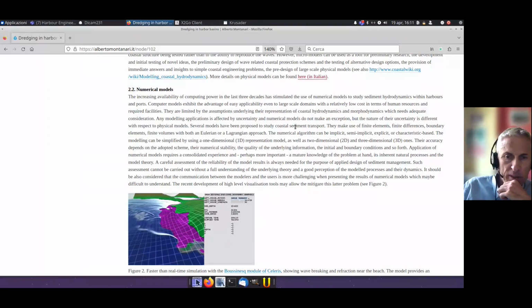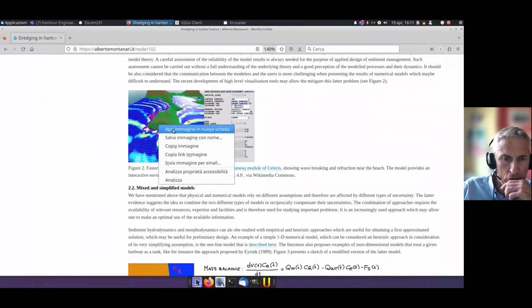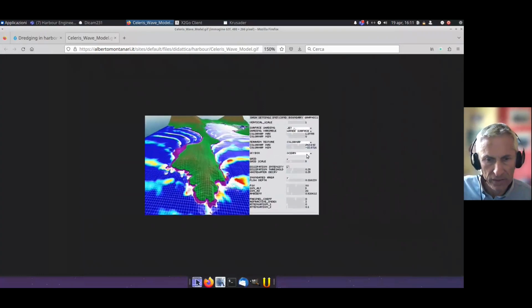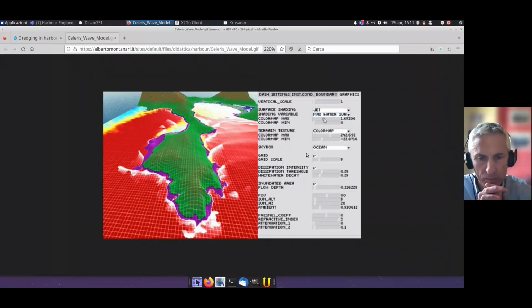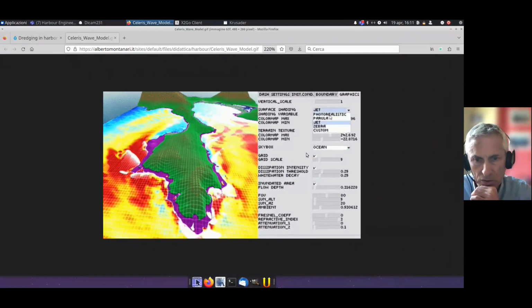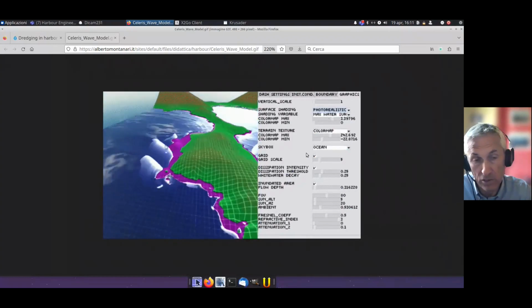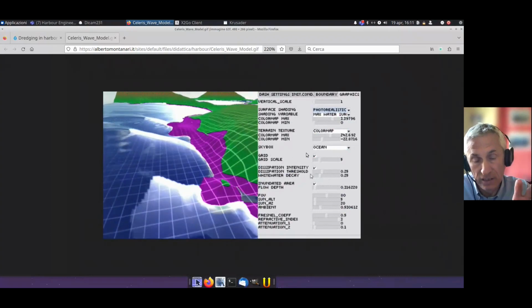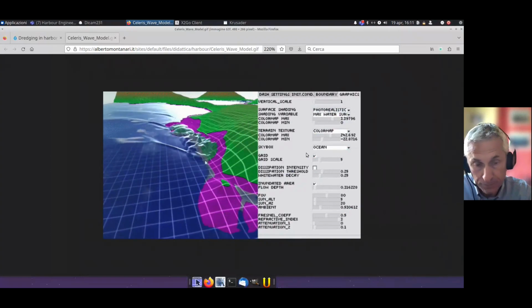So the numerical modeling, and here I show you an example of a visualization of a numerical model of hydrodynamics around a coast.